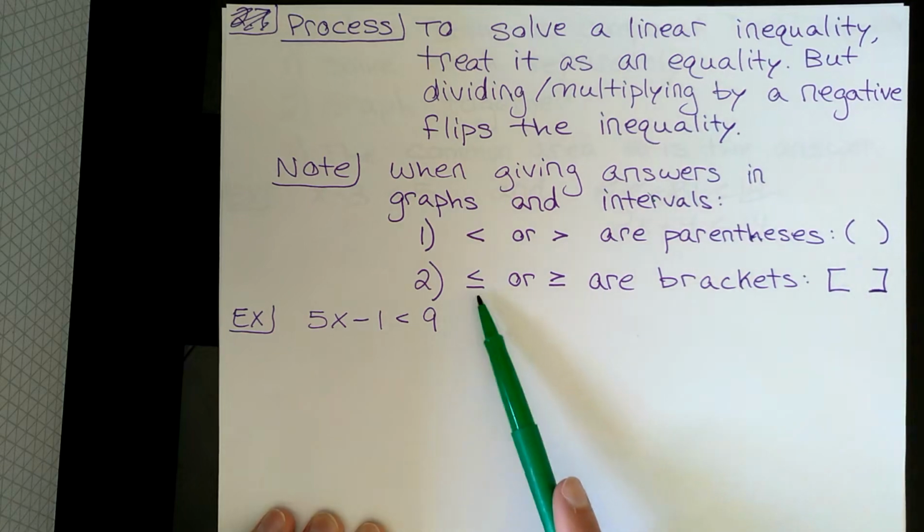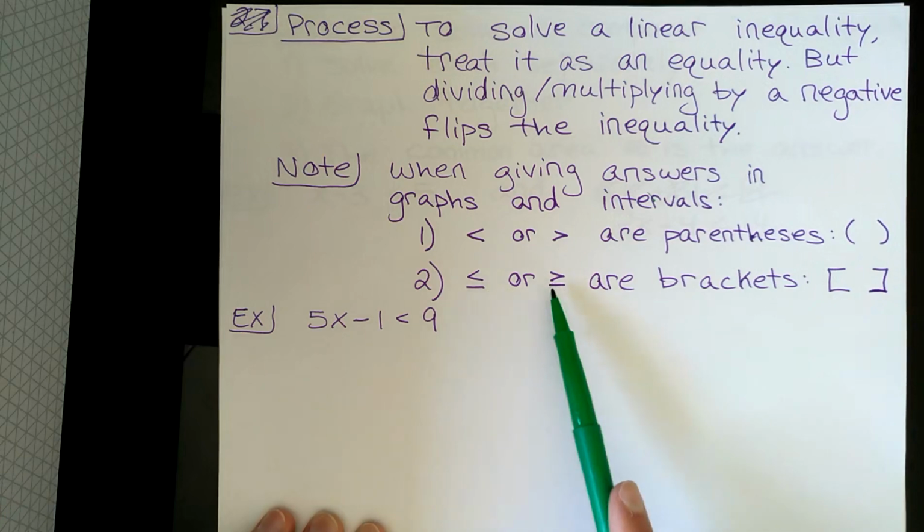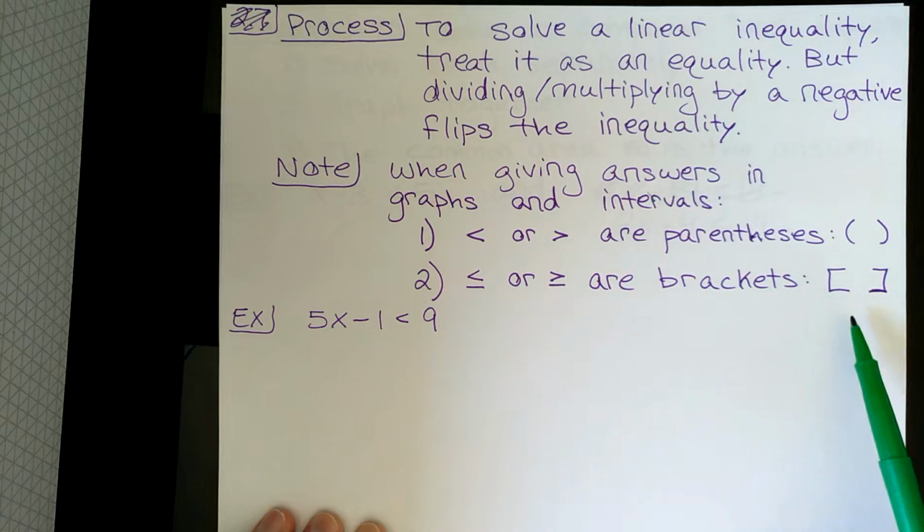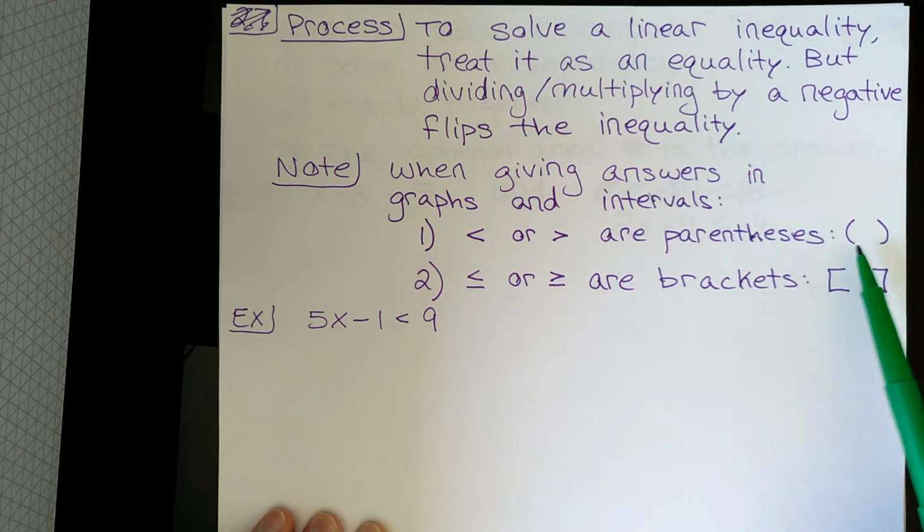But if it contains that equal sign with the less than or greater than symbol, so less than or equal to or greater than or equal to, then your answer will contain brackets. This means that the value that you are less than or greater than or equal to is contained, and this means the value is not contained.